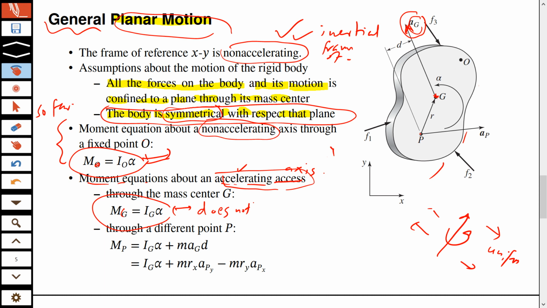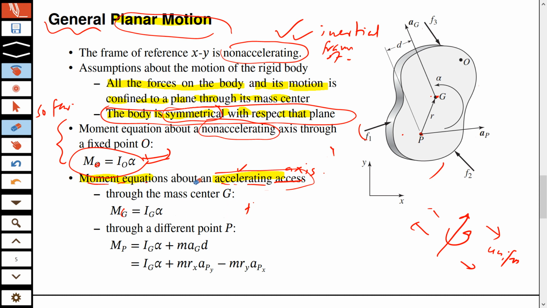You have another point P on this body for which you know the acceleration to be, let's say, along this direction. Because there are different forces in different directions, the overall effect for the center may be this way, the overall effect for this point may be this way, the overall effect for some other point may be this way, you don't know. But what is important to know is that the axis about which you are writing the moment equations is accelerating, okay?